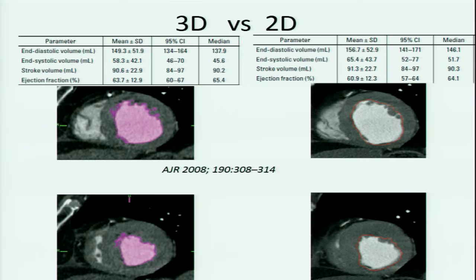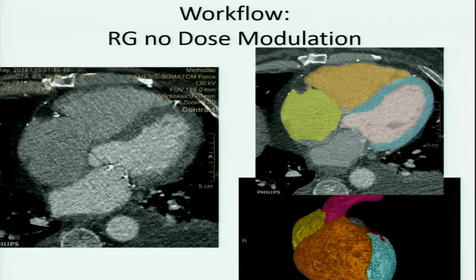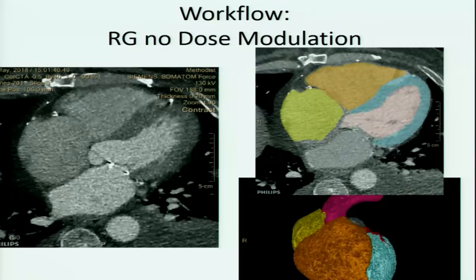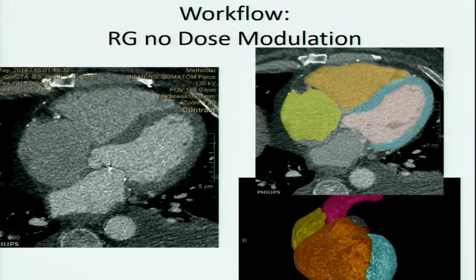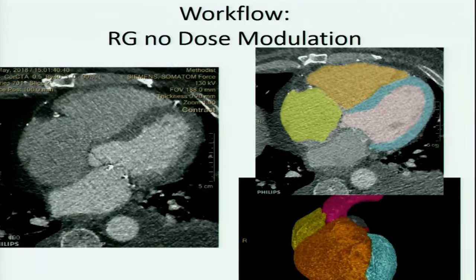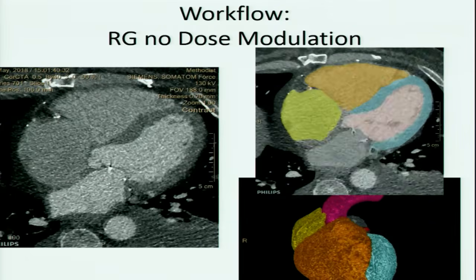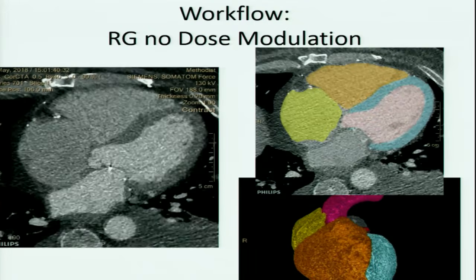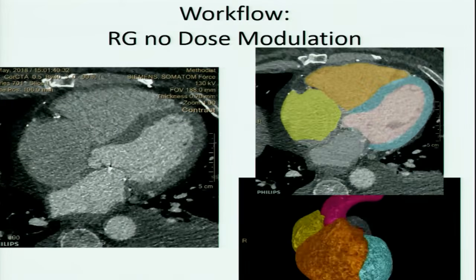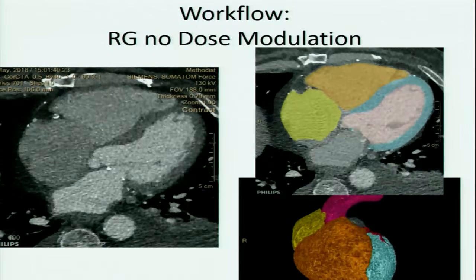For CT, most of the time, with most algorithms, we include the papillary muscles inside the LV cavity. I think it's just easier. So this is the workflow. On the left-hand side is what you open when you reorient the cardiac axis, and the computer software works in the background. This is all automatic, generating 3D volume data sets, color-coded for different parts of the cardiac chambers, without any interface between you and the software.